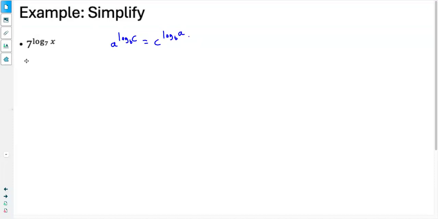So when we do that, that makes this x to the power of log base 7 of 7. So that'd be x to the power of 1, which is just going to equal x.